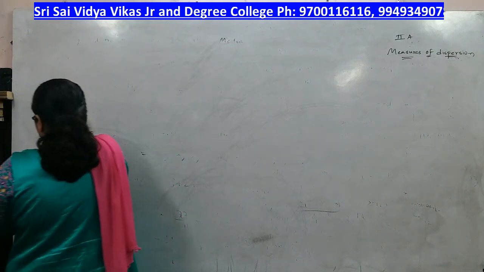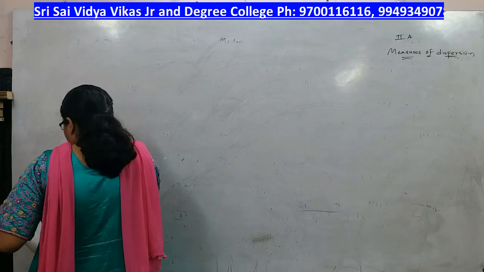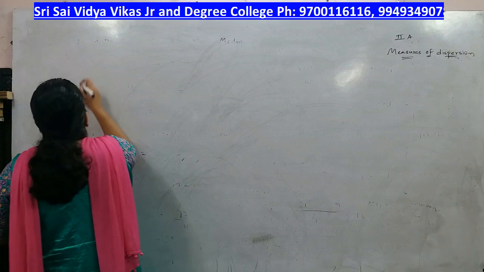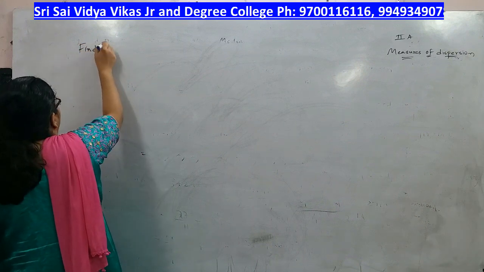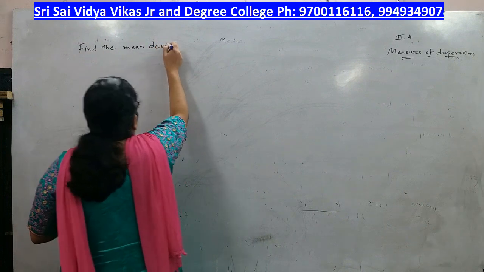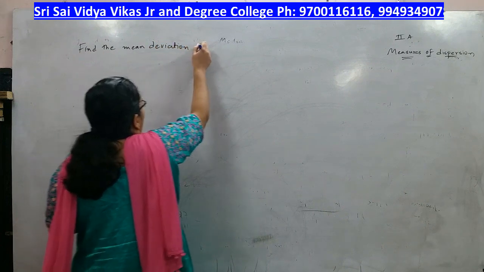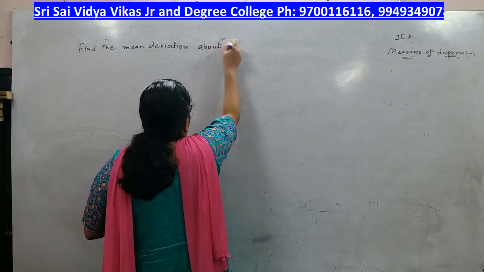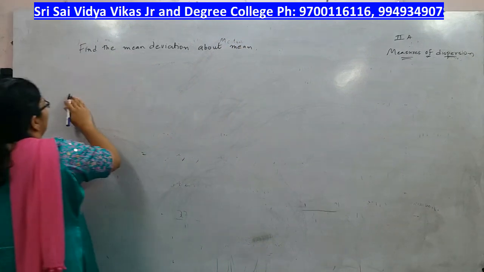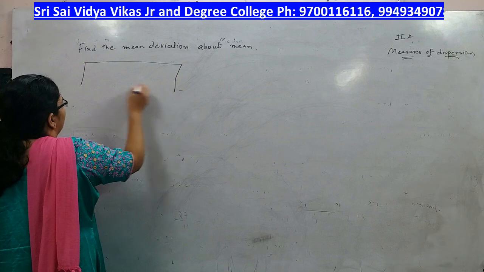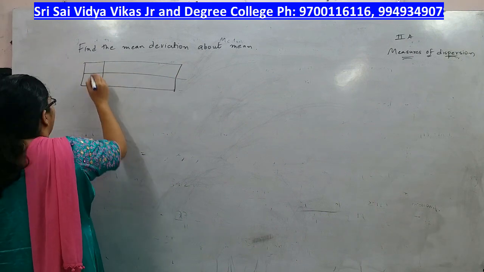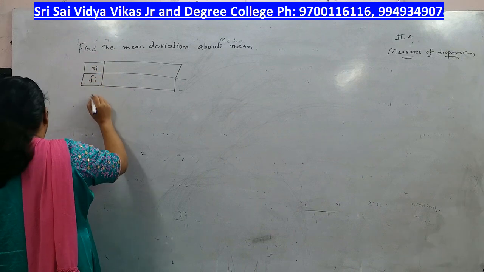Our next question, last question for today. Find the mean deviation about mean for the following distribution, that is xi, fi.